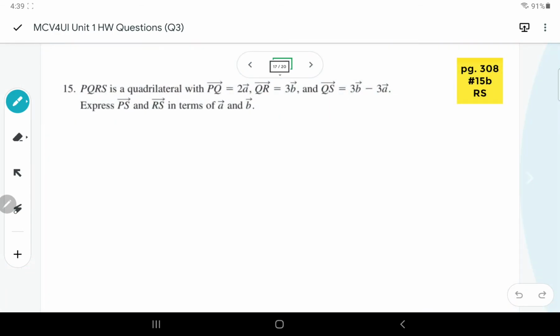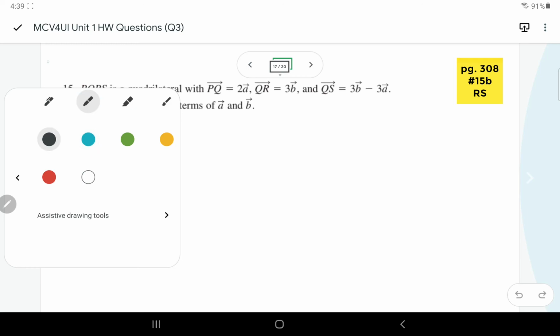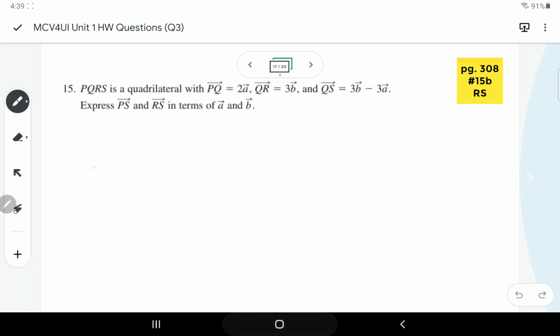Last one from the homework questions. We have a quadrilateral PQRS. So let's draw, and it doesn't specify what this is. So I'm going to very specifically not make it a square or a rectangle or a trapezoid or anything in particular.